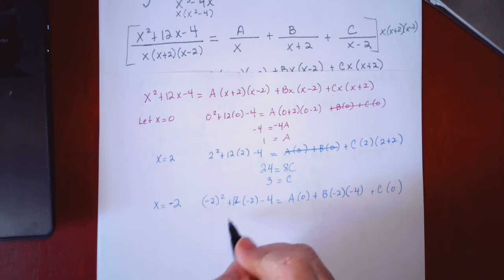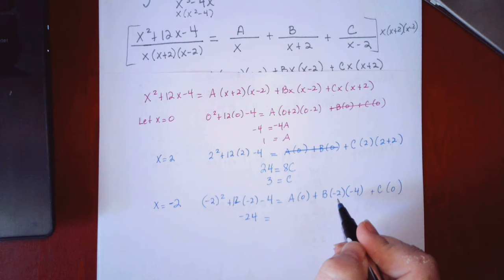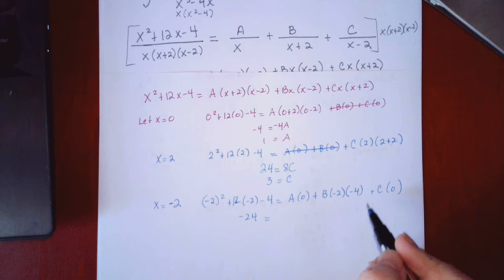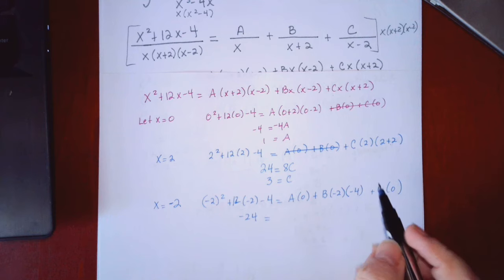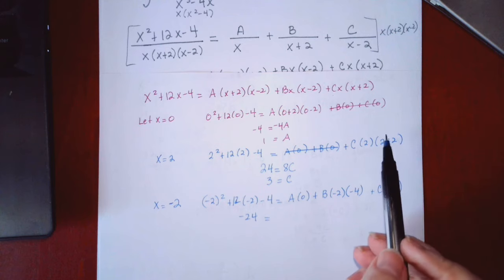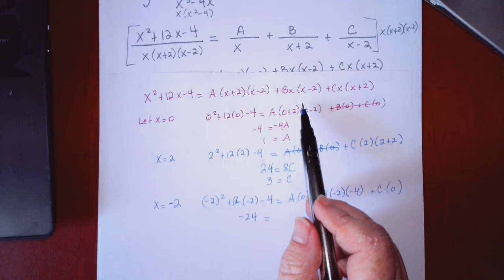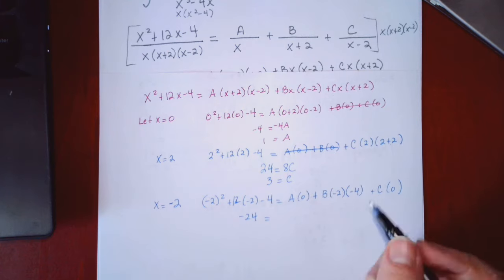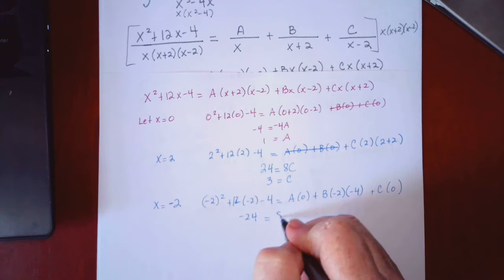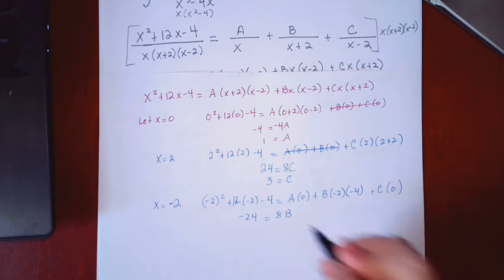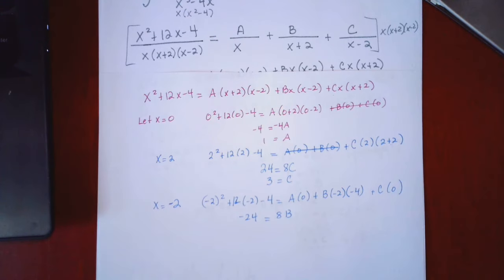Or we would have negative 24 equals 8B. Is that right? Let's see. I plugged in negative 2, right? Oh, yeah, okay. Right? And so what do we get there? We just get B is negative 3.